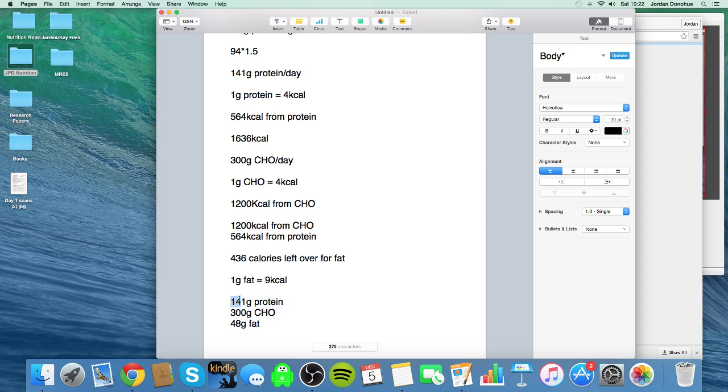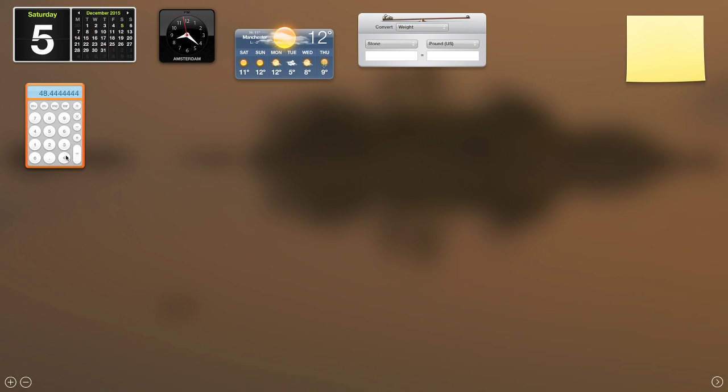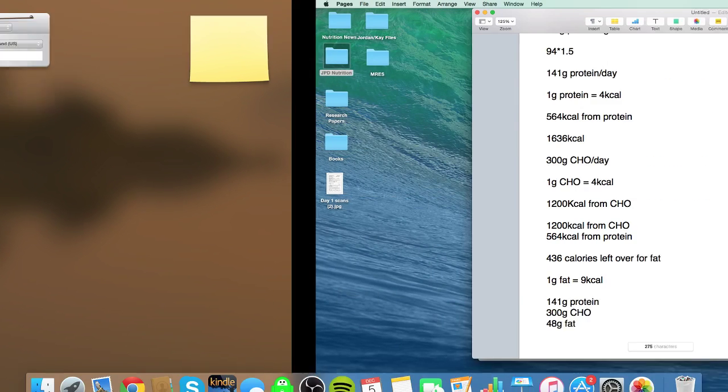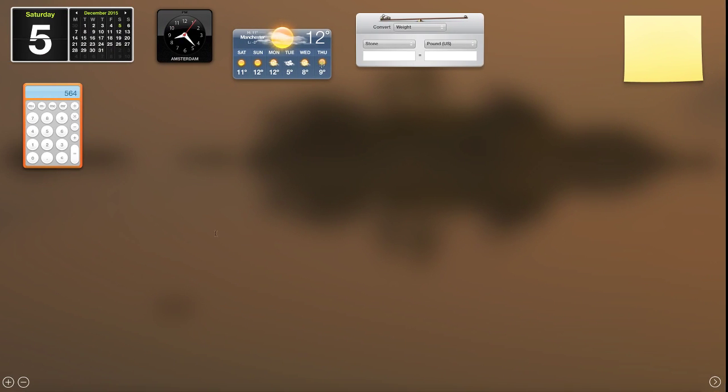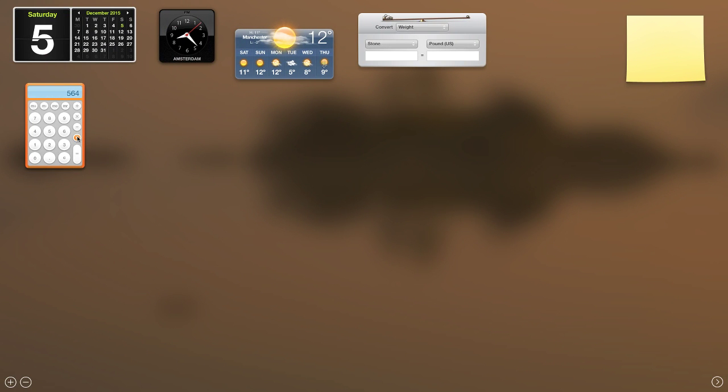Now, just to double check, you can do 141 grams. So 141 times 4 is 564. So that's correct. 300 times, so plus 300 times 4. That's totally incorrect. Terrible maths.